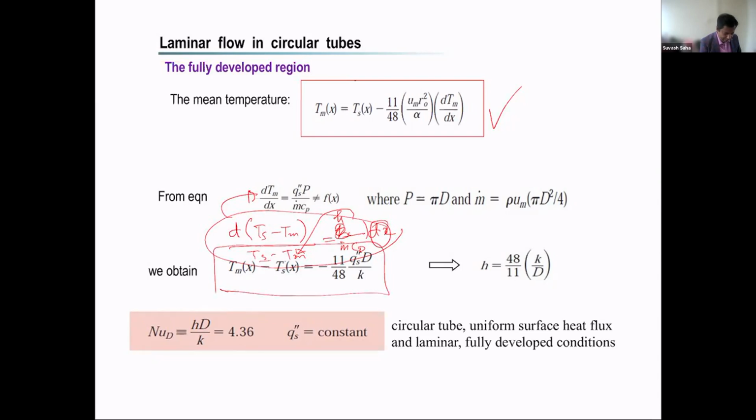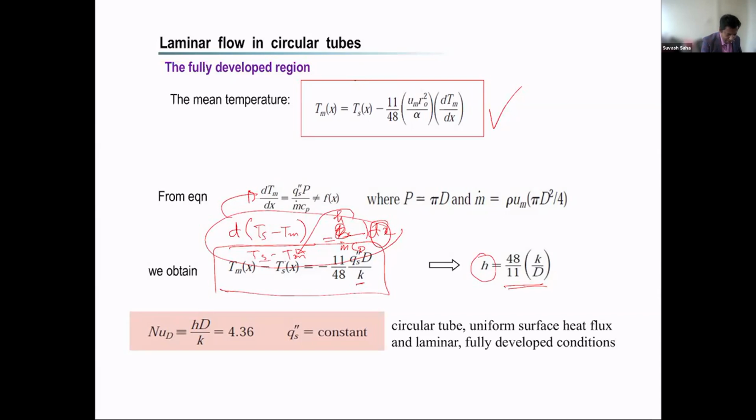Then we obtain Tm(x) minus surface temperature Ts(x) is equal to minus 11/48 qs double prime, that is the heat flux, times D by k. So D is the diameter and k is the thermal conductivity. Now you see, very strange. Here you can easily get h is equal to 48 divided by 11 k by D. So this is our h. We can get the h from here. So how to get the h?